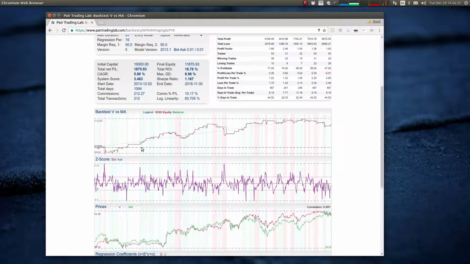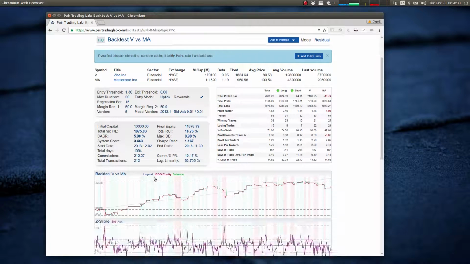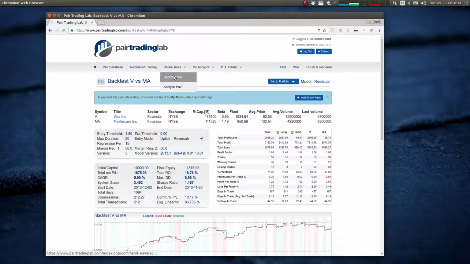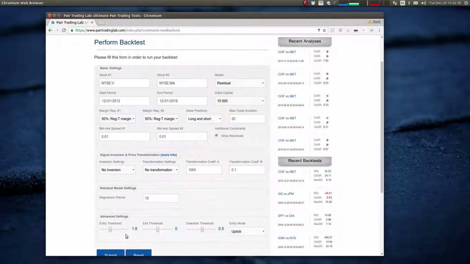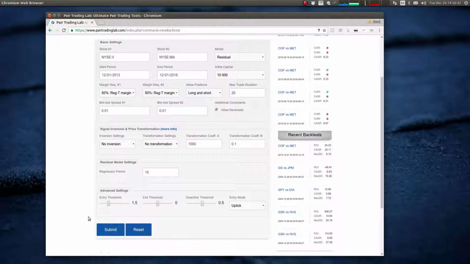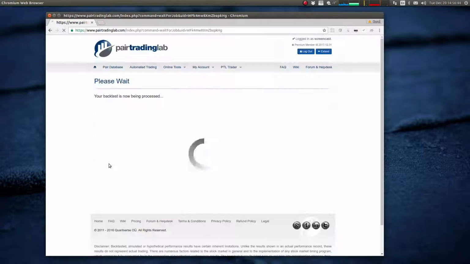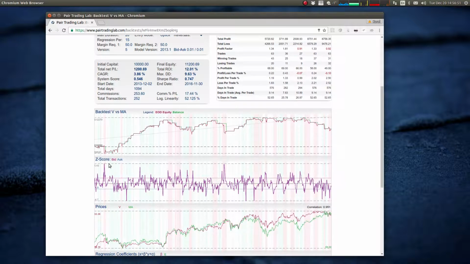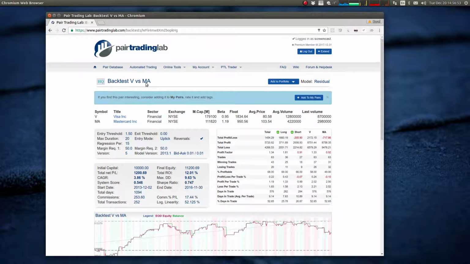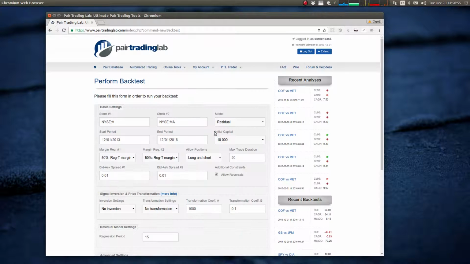We can try to play with the parameters somehow. We can try, for instance, to decrease the threshold a little bit. Maybe we gain more trades in this particular case. No, it doesn't. It did not really help. We can also try the ratio model.